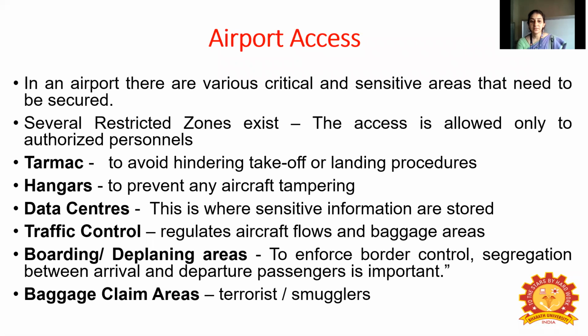And traffic control, which is nothing but the control tower, is also a restricted area. While boarding and deplaning, it's made sure that proper security features are in place so that unauthorized persons will not be allowed. Even in baggage claim areas, there is more control and restriction so as to avoid smugglers and terrorists. So these are all called sensitive zones or restricted zones.